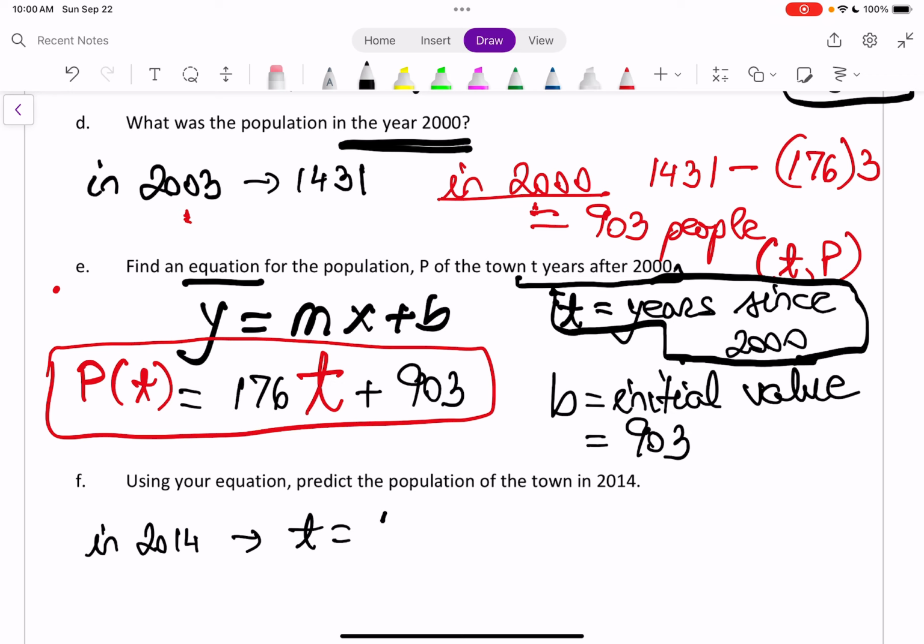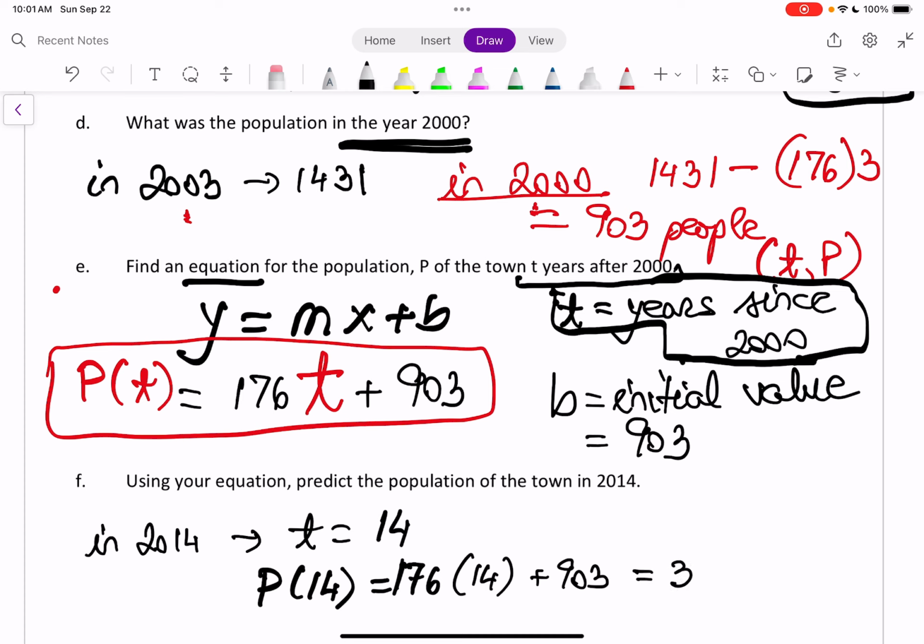So by 2014, there'll be 14 years since 2000. So in other words, we have to plug in 14 for time. All right, and then we can use this equation to figure out the population really at any point in time, assuming that it keeps changing at the same linear rate every year.